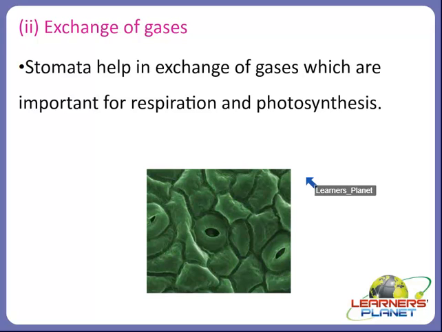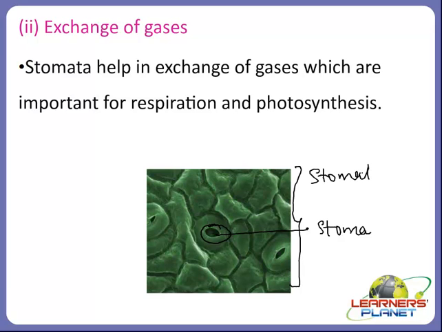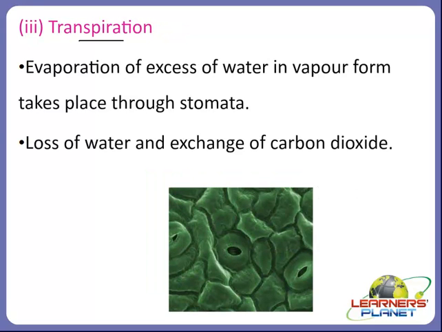So here you can see a structure. This open structure or the tiny opening is called a stoma, and this whole structure is that of a stomata, as seen under a microscope. How beautiful it is, right? Then comes the transpiration.